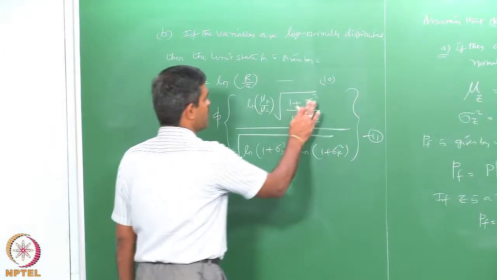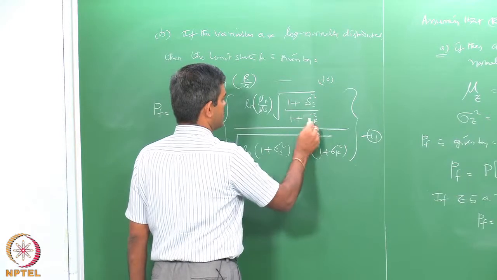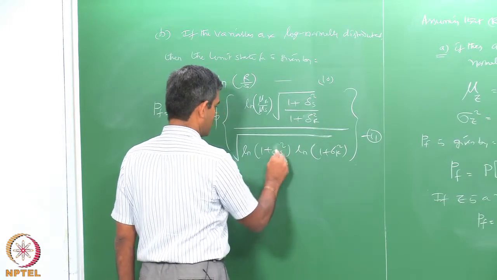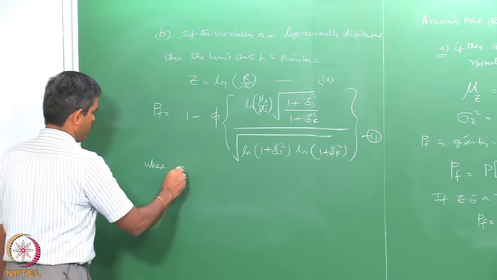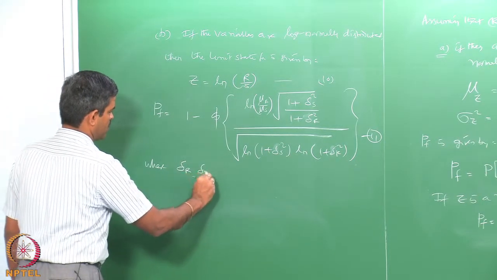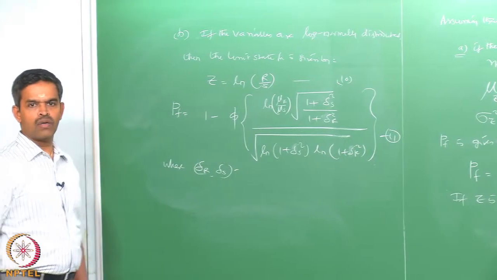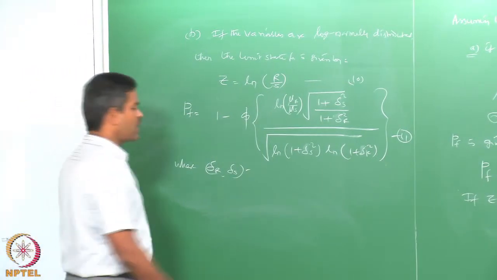This is not sigma, they are deltas. Please make a change here, deltas, where delta R and delta S are the coefficients of variation of R and S.